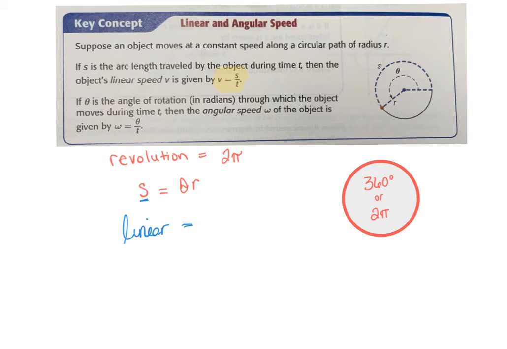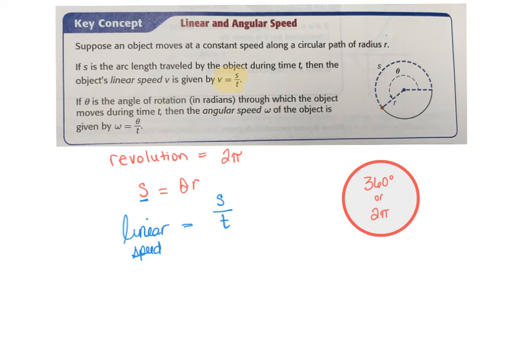If you take your entire length and divide it by how long it took you to go, that will be your linear speed. We do the same thing when we're driving a car. If you go 200 miles in 2 hours, your speed was 100 miles per hour. Your total distance that you traveled divided by your total time, right? So now we're just converting it to how far that piece traveled when we're talking about rotations.